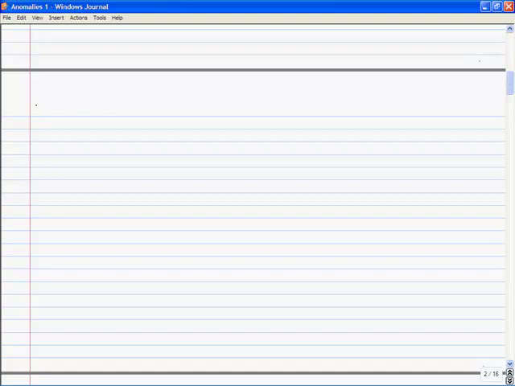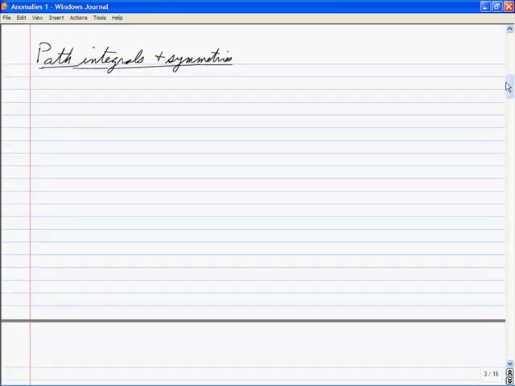Okay. The next thing is path integrals and symmetries. What we're after is we're going to reproduce an advanced version of Noether's theorem.